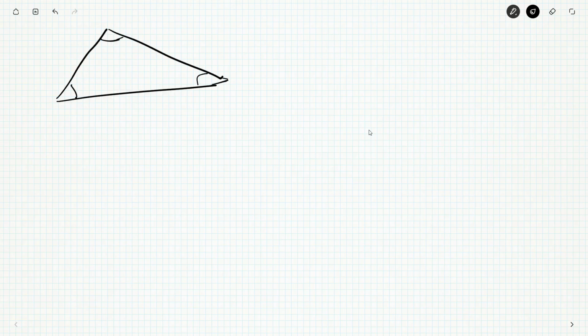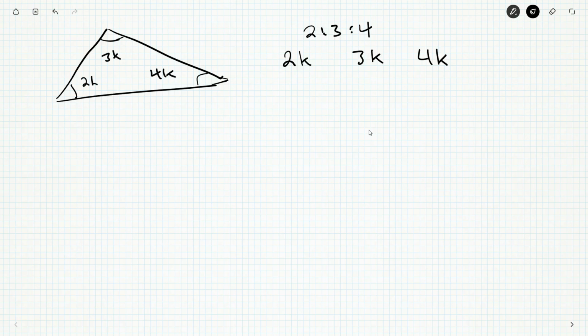So because they're in the ratio 2 to 3 to 4, we know there exists a number k, so that one of the angles is 2k, another one is 3k, and then the third one is 4k. Okay. The issue with figuring out the angles now becomes, can I figure out this k value?